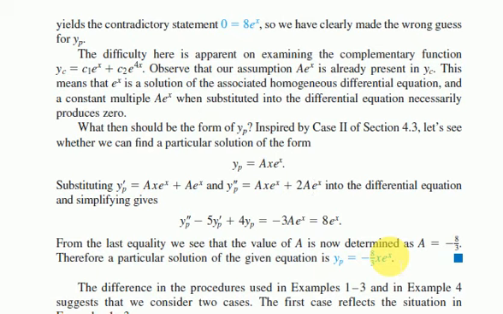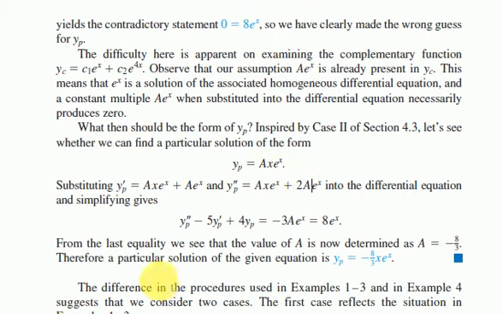From this we learn that if we assume any particular function, it may be a wrong assumption. As here, when we took a e raised to power x, it was wrong, so we changed it into ax e raised to power x.